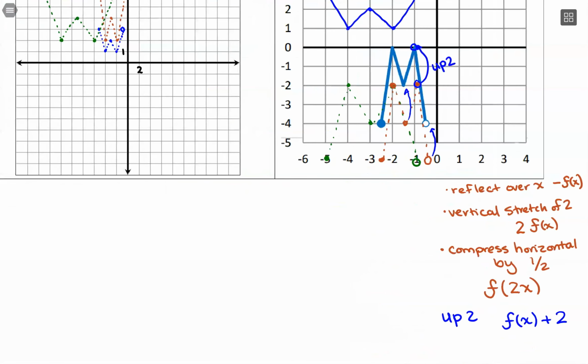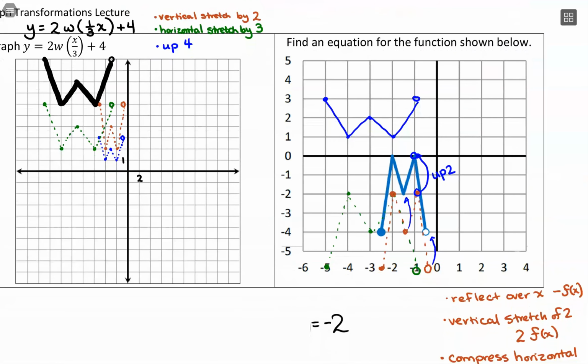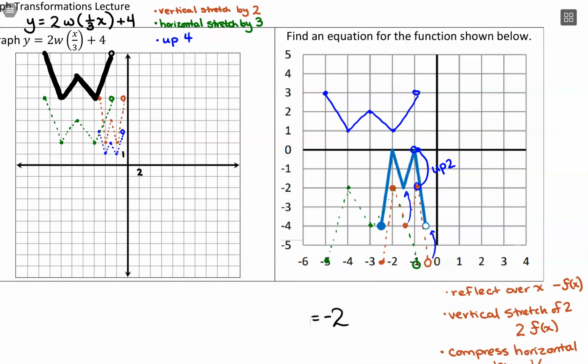So I want to create a function that puts all of these pieces together. Negative outside, but also 2 outside. So really I have this -2. Sorry, what's my function name? Is w.